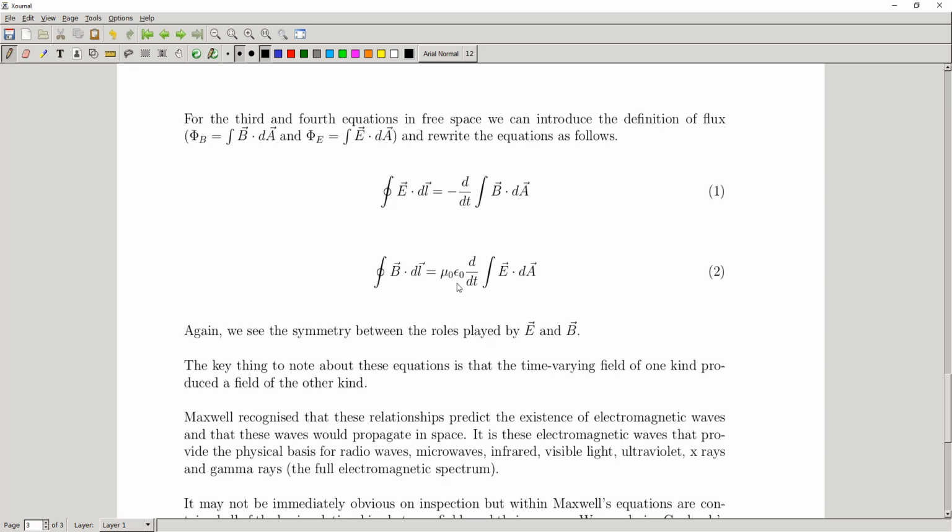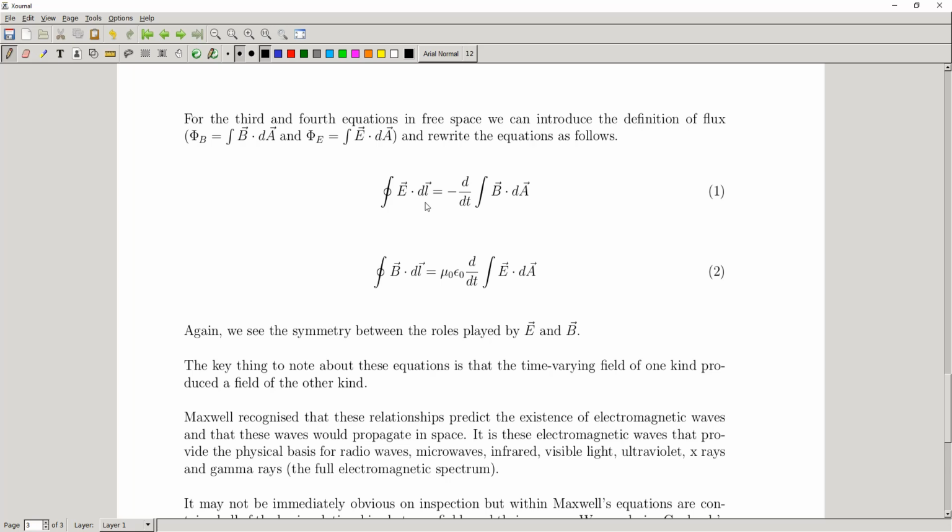They're almost interchangeable in the two equations up to minus signs and a couple of constants, right? And the key thing to note about these equations is that a time-varying field of one kind produces a field of the other kind, in both cases.